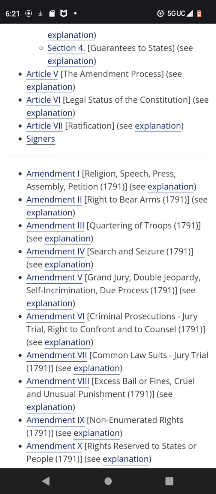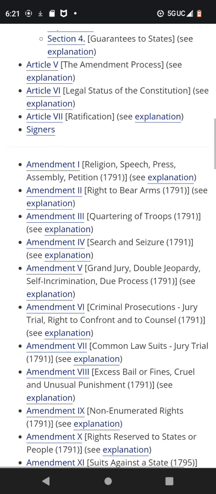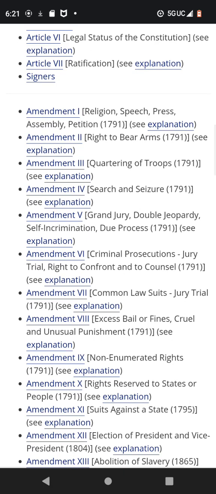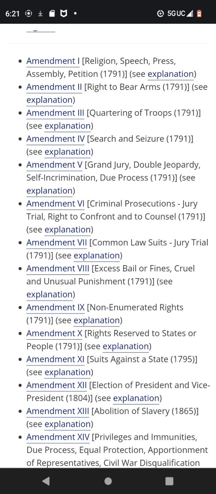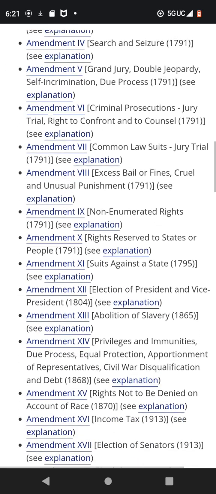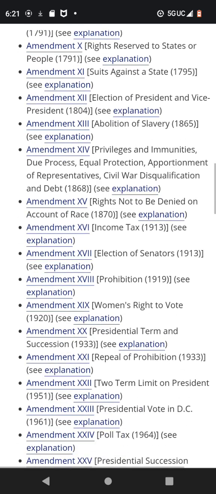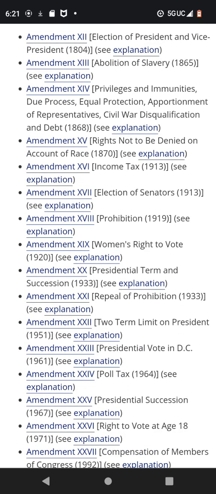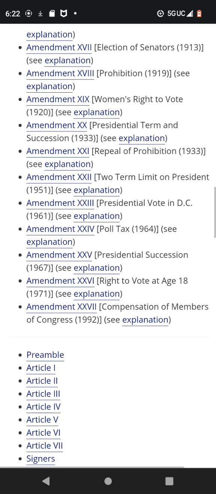You should be aware of the right to bear arms, religion, speech, press, searches and seizures, grand jury, double jeopardy, self-incrimination, due process. You can go through these, read them, and figure out what they violated.